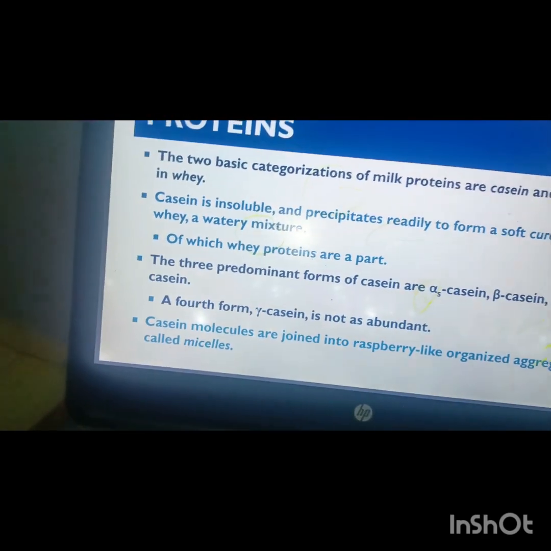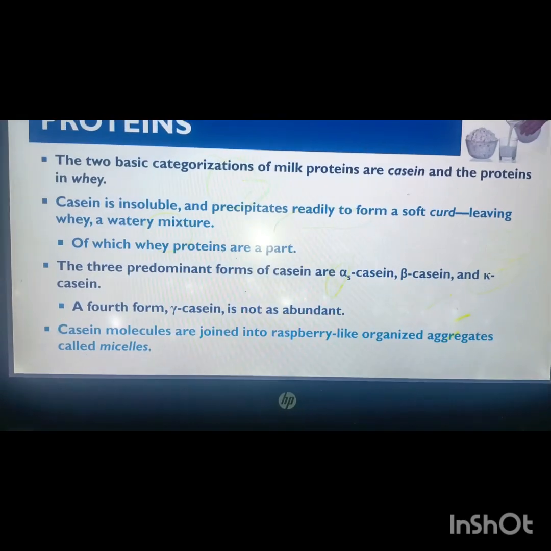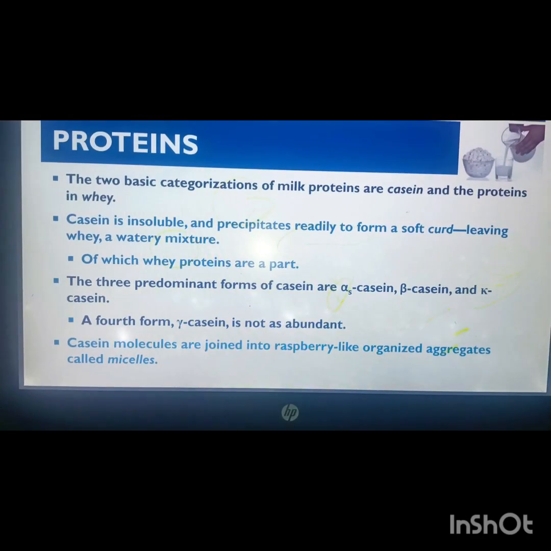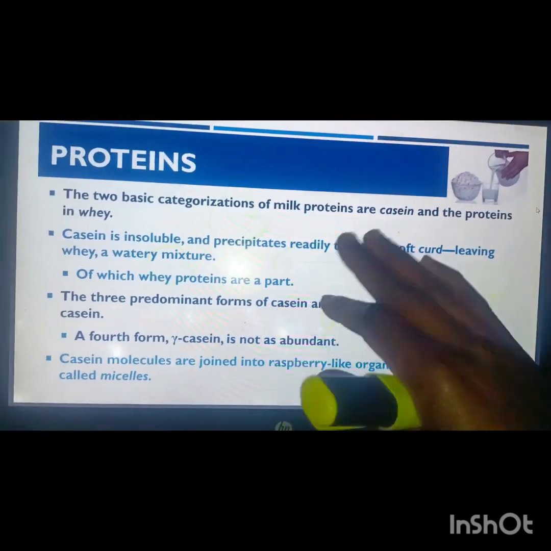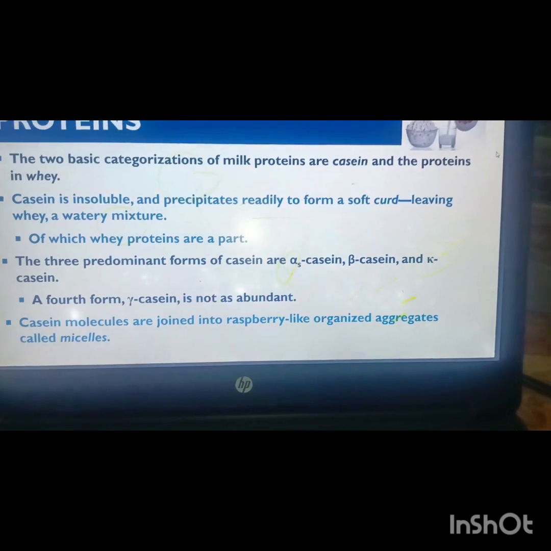Now, proteins make 3.5% of milk, and we have two major proteins, the casein and the whey. The casein is insoluble and precipitates faster to form the soft curd, leaving the whey, which is a watery mixture.